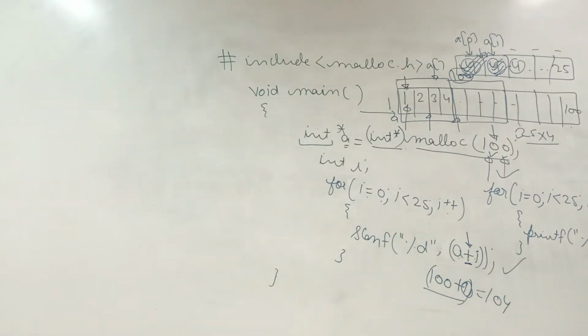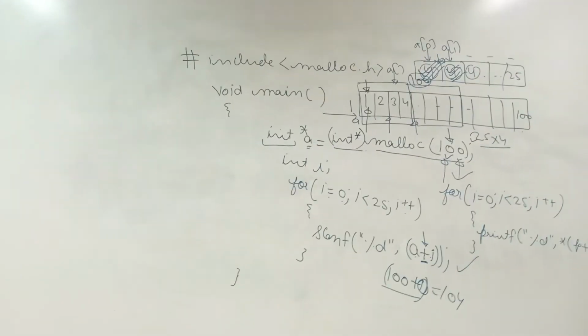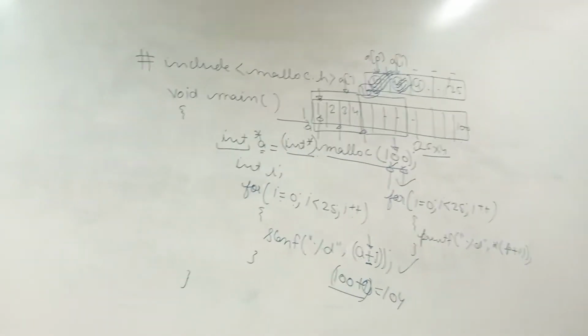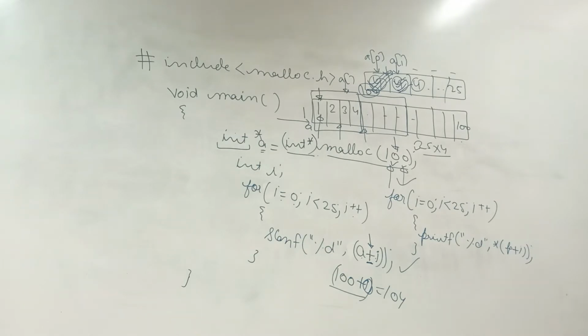So in this program, what we have seen is that malloc is a function that requires the number of bytes. We have passed the number of bytes, and at the same time we have requested the compiler to please cast these bytes to integer.